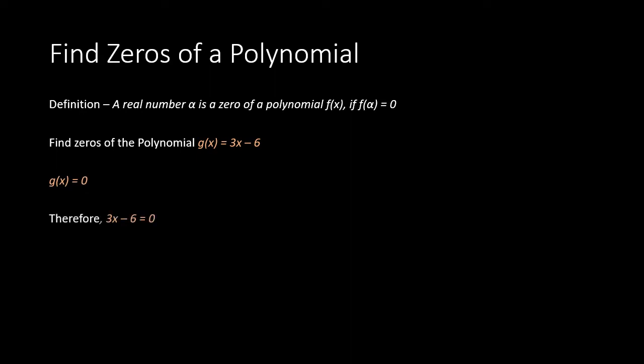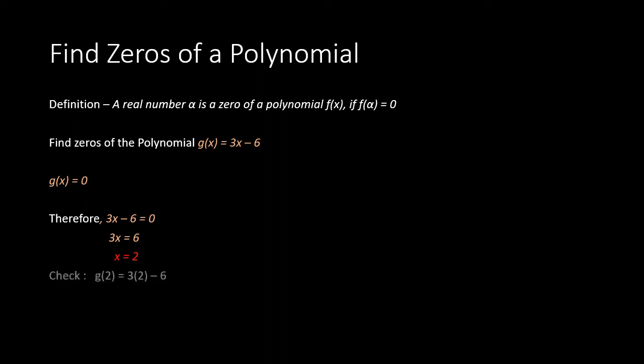So we know that 3x minus 6 should be equal to 0. In this, we find the value of x, which you know how to do. I assume you know what algebra is. So x equals 2. This means that when I replace the variable x with 2, and solve the right hand side of the polynomial, I'll get a 0.